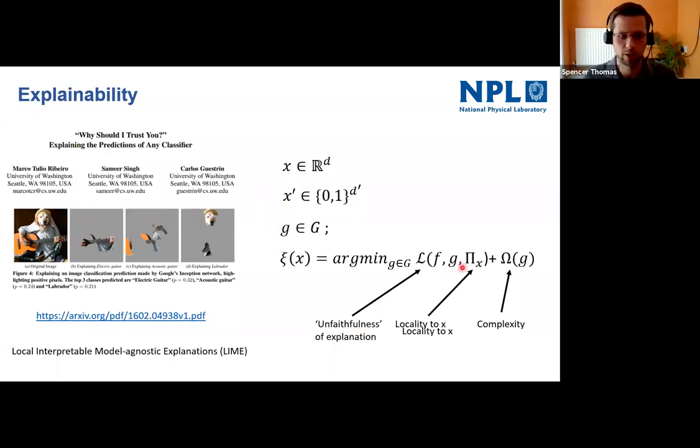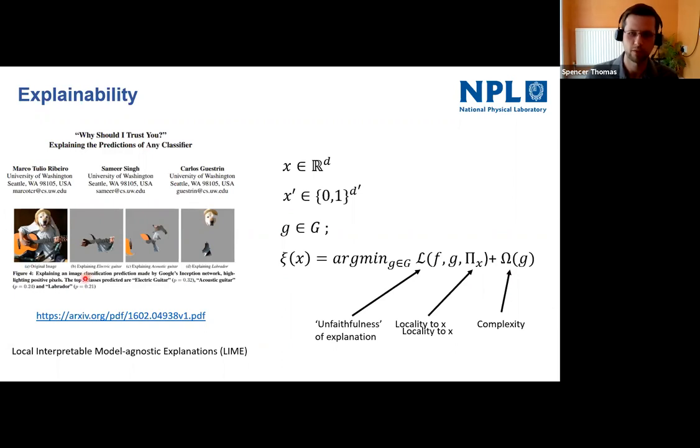Your outcome factors in the locality of the pixels, so that you end up with these regions rather than sparse pixels everywhere, but also tries to minimize the complexity of the model, because the more complex it is, the harder it is to understand. The authors of this paper were quite clear on having explainable models that are not so complex, so humans can better understand them.